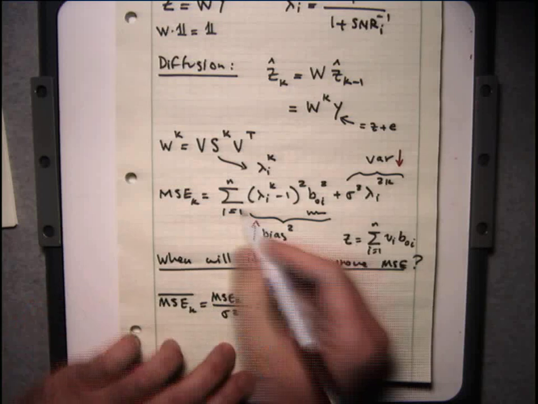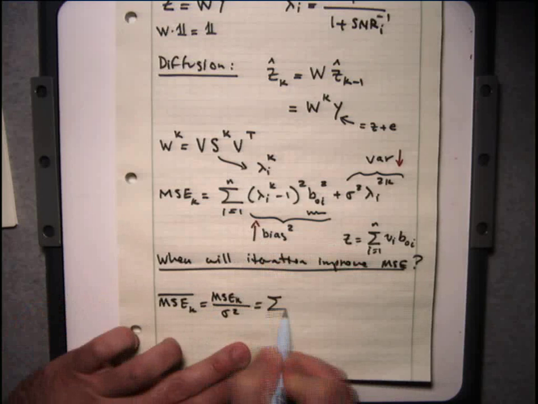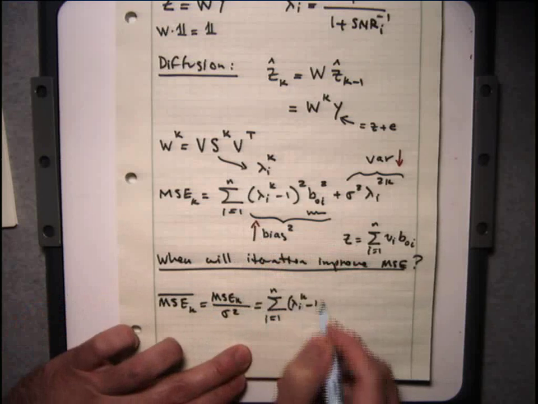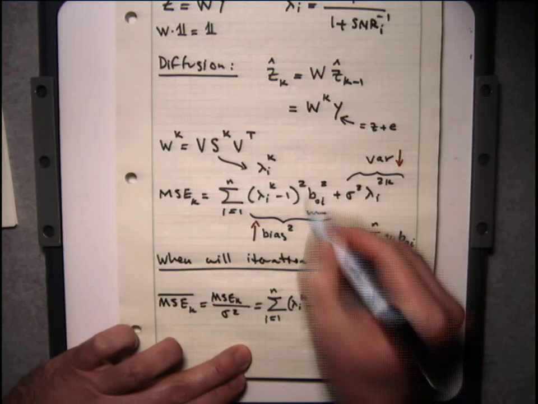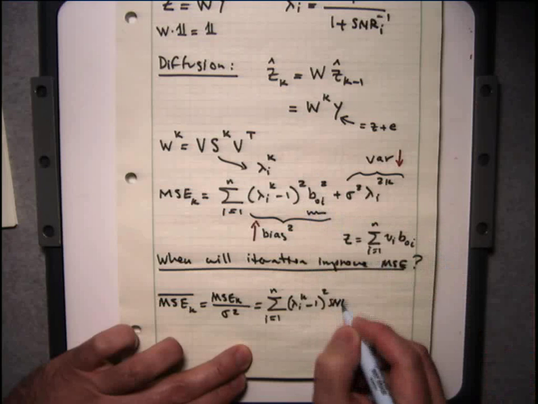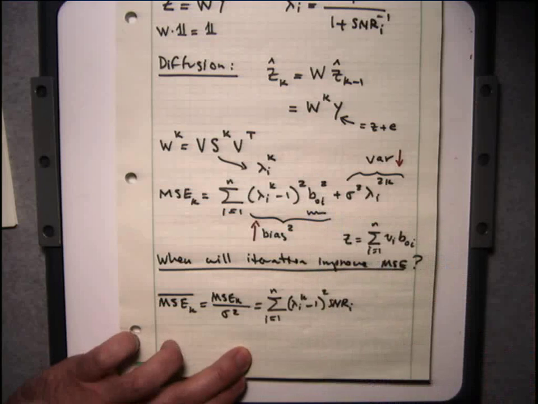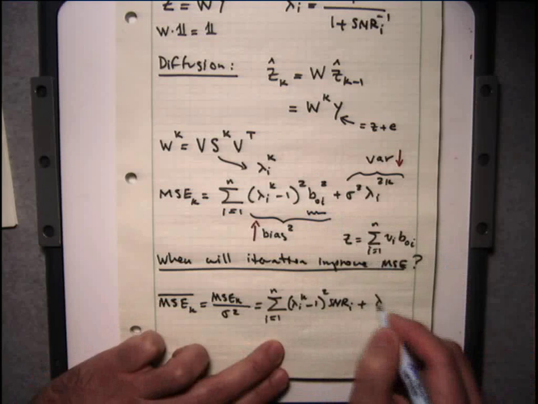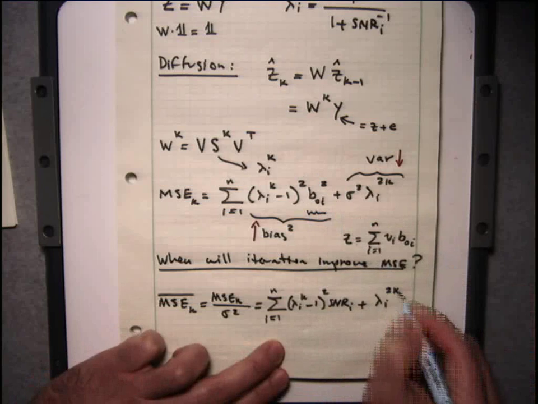And so then the right-hand side becomes the sum, i equals 1 to n, of (lambda_i to the k minus 1) squared times b_0i squared divided by sigma squared, which is nothing but the signal to noise ratio for the ith channel. Okay, plus lambda_i to the 2k.